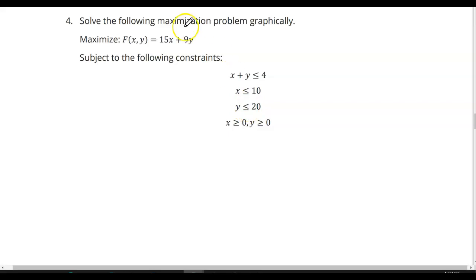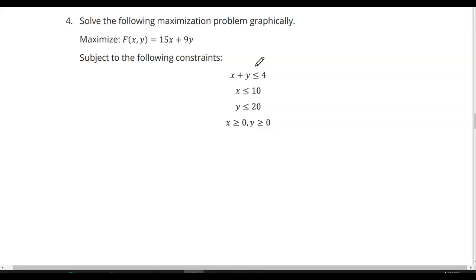Next, let us solve the following problems graphically. We want to maximize the function f(x, y) equal to 15x plus 9y, subject to the following constraints here. We will solve this by first identifying the feasible region.